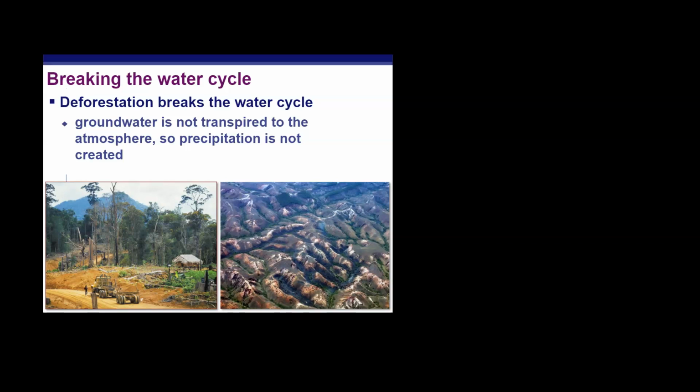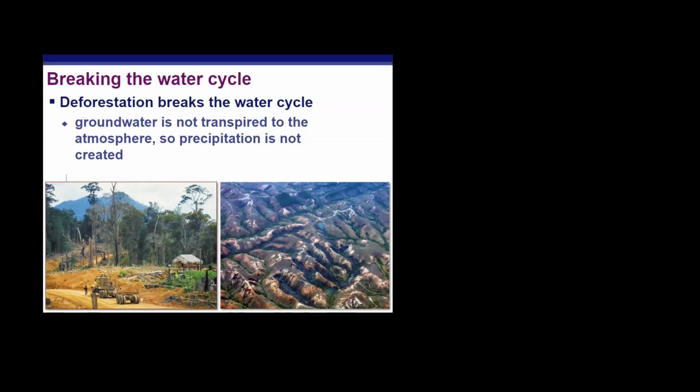When we have deforestation occurring, that also interferes with the water cycle because we remember that plants are responsible for the transpiration of water. They bring water up from the soil, up through the leaves, and then it evaporates from the leaves.